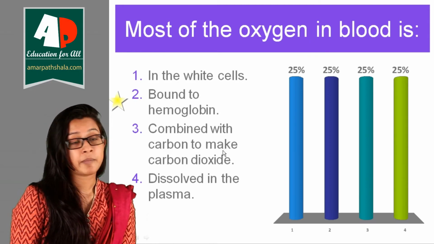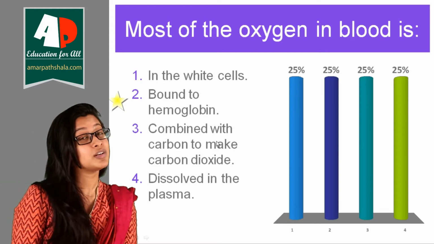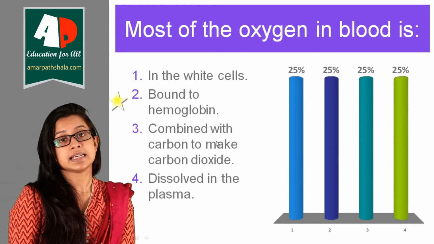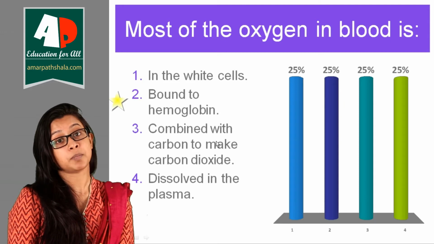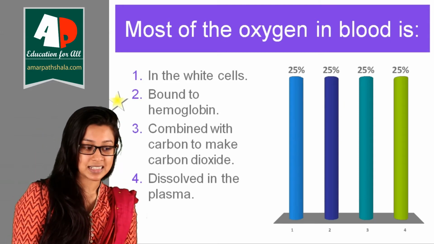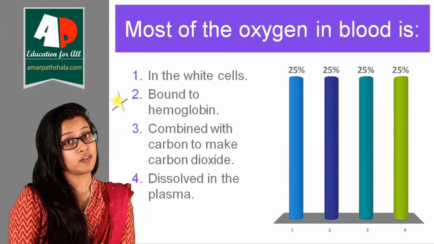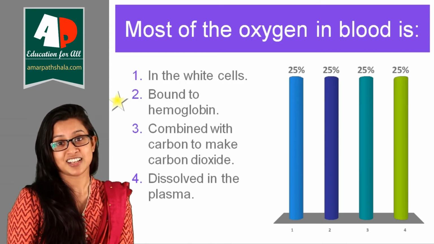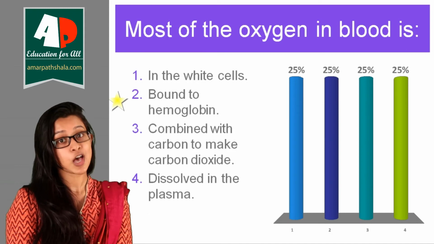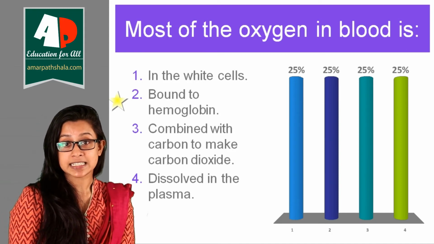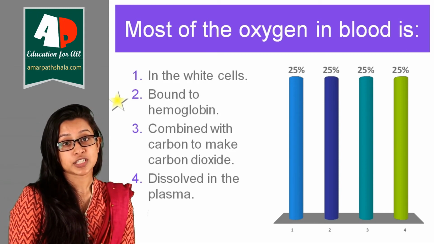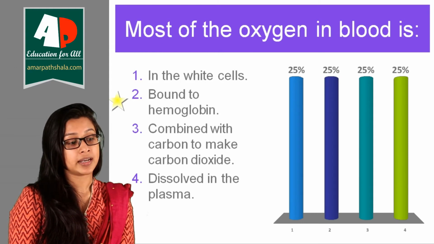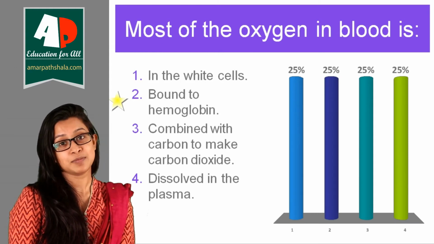It is not combined to make carbon dioxide, because carbon dioxide in itself is a gas that is produced as a byproduct of cellular respiration. And it's not dissolved in plasma, because dissolved in plasma is carbon dioxide forming the bicarbonate ions. So the only explanation is that most of the oxygen in our blood is bound to hemoglobin.